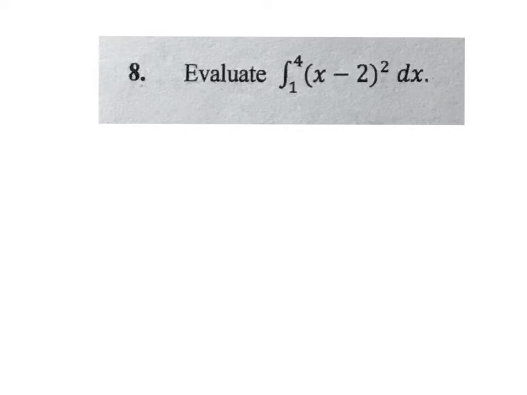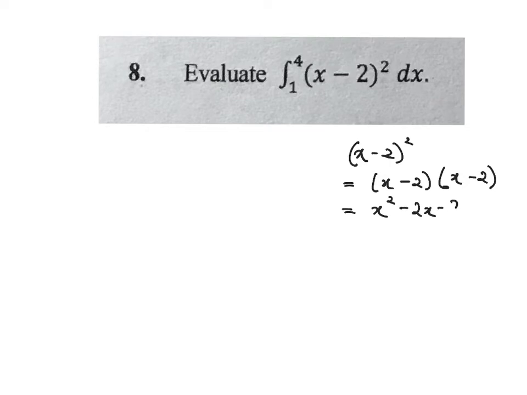A definite integral, first thing we have to do is to expand the brackets. X minus 2 all squared. We had a square bracket earlier on, and I didn't show this working, but it is very straightforward. So it's x squared minus 2x minus 2x plus 4, and x squared minus 4x plus 4.